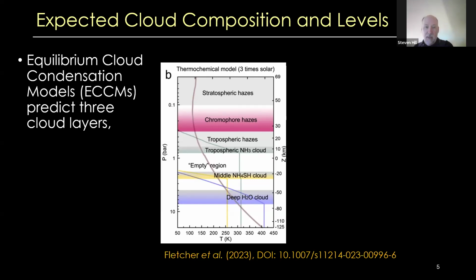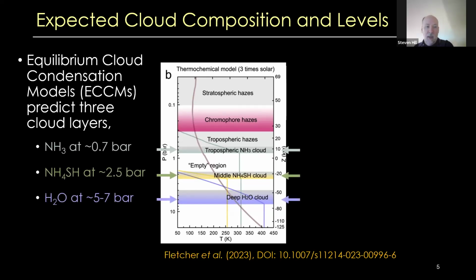Some of these lead to hazes at various levels, as well as coloring agent or agents that also must be considered. The three main levels are typically seen as ammonia ice at about 0.7 bar, ammonium hydrosulfide at 2.5 bar, and water or a water solution at 5 to 7 bar.